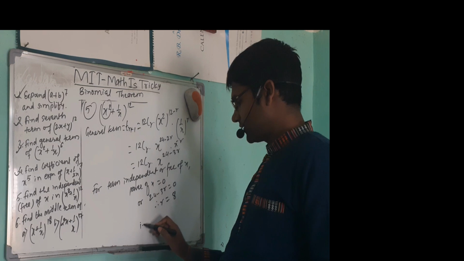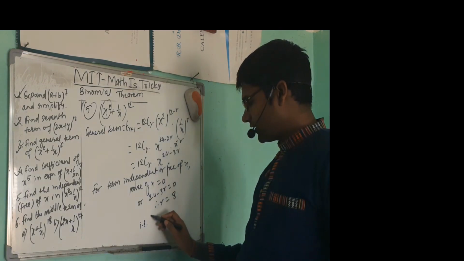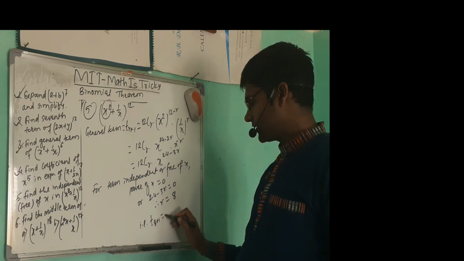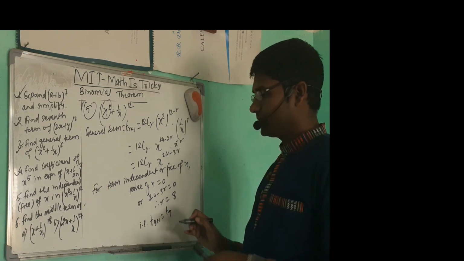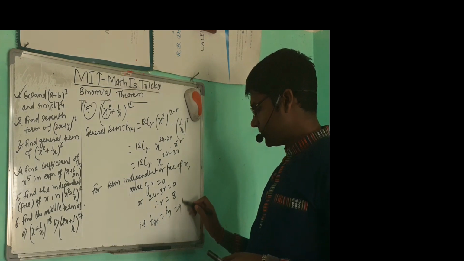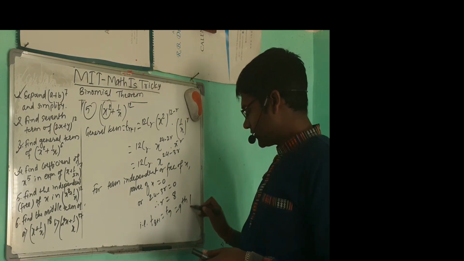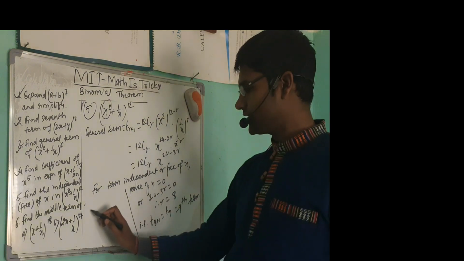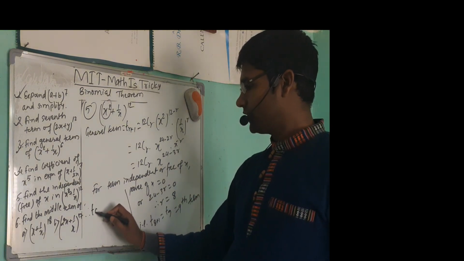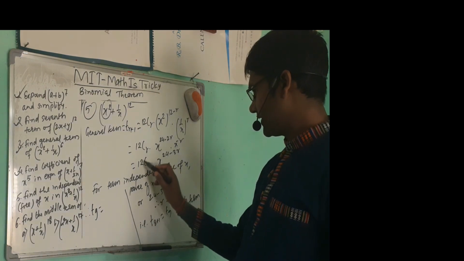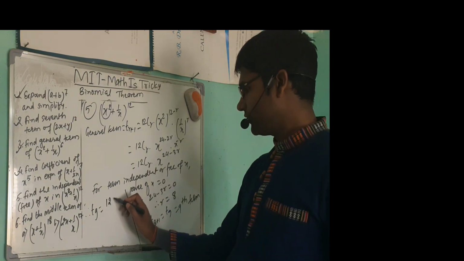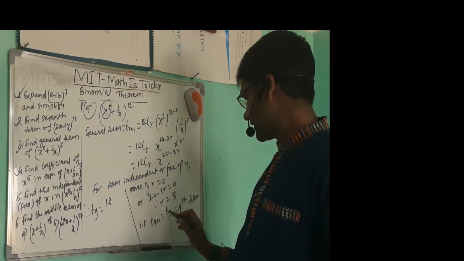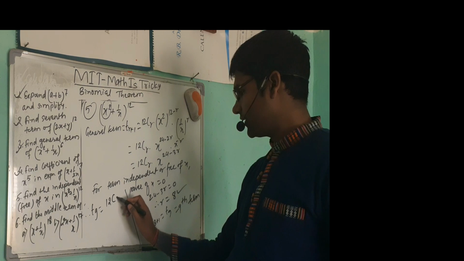T(r+1) will be T(8+1), that is T9, the ninth term. The ninth term is the independent term. Now what is the answer for that? Let's write T9 equals, with the value of r as 8.